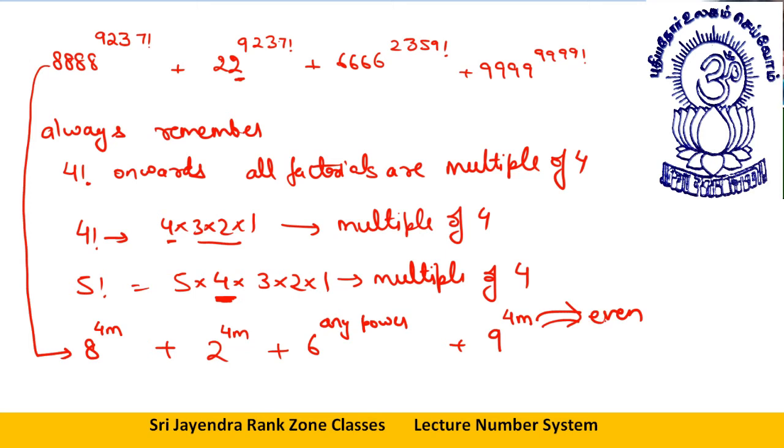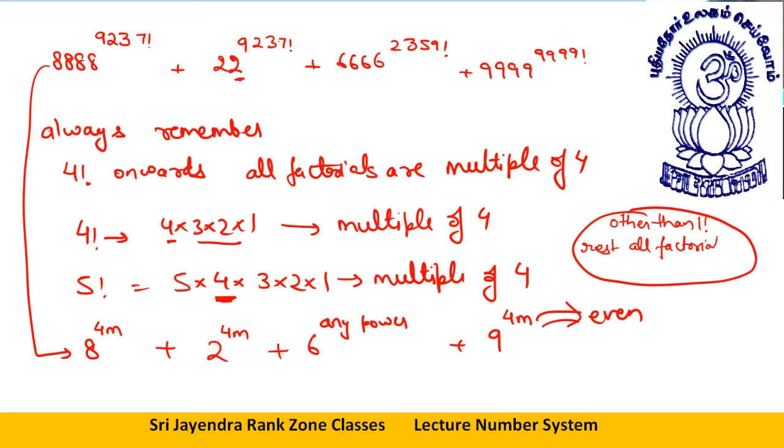Other than 1 factorial, I make a note over here: rest all factorials are even numbers.